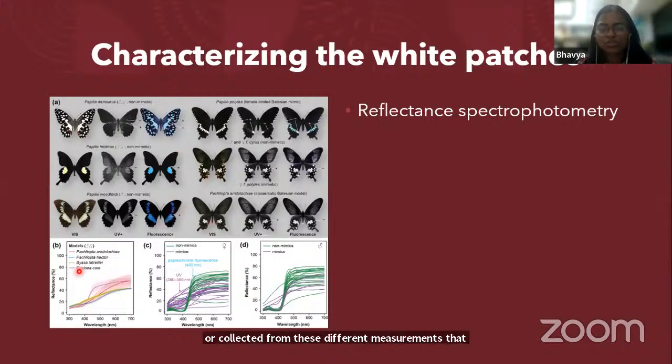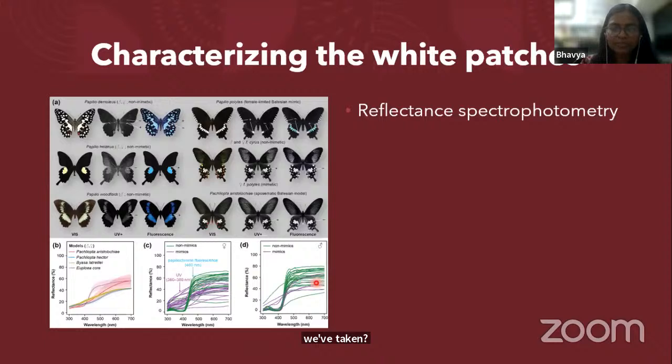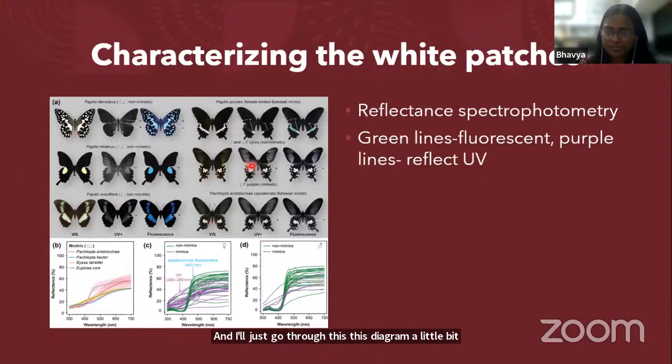I'll go through this diagram a little bit in detail because a lot of interesting things come up here. First is that we measured both the UV reflective and the fluorescent patches, and we see that the fluorescent patches have a different reflectance from the UV reflective patches. Indicated by the purple lines are the UV reflective patches and the green lines are the fluorescent patches. Clearly from this itself, you can see that these patches have some differences.